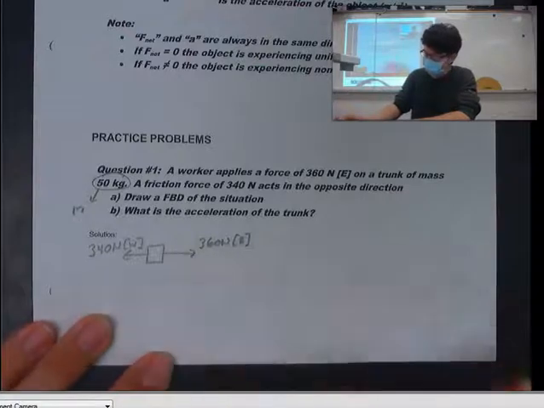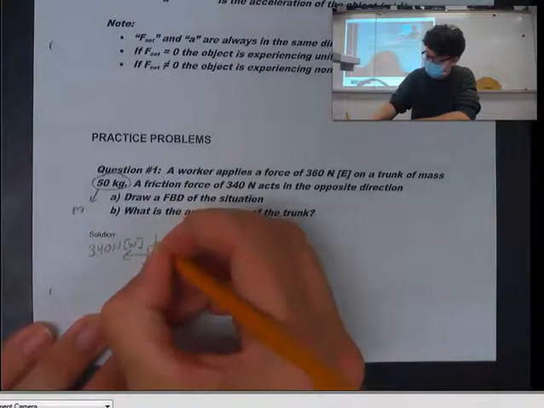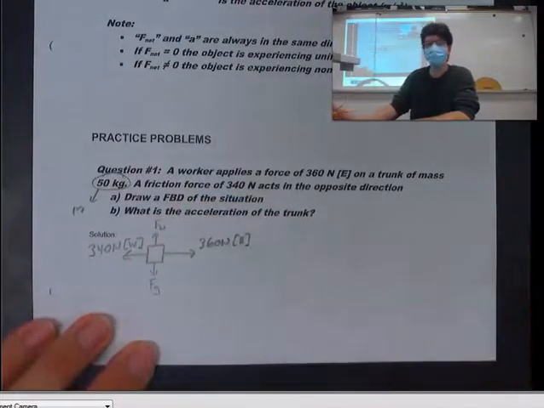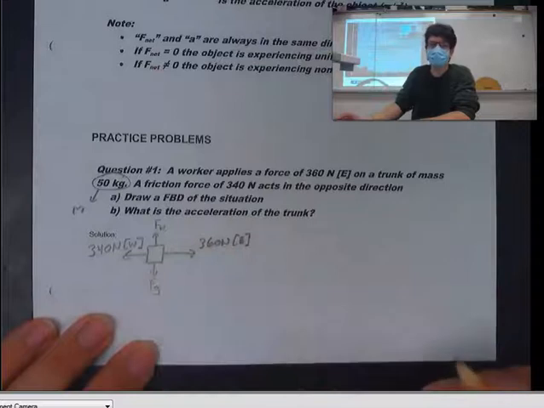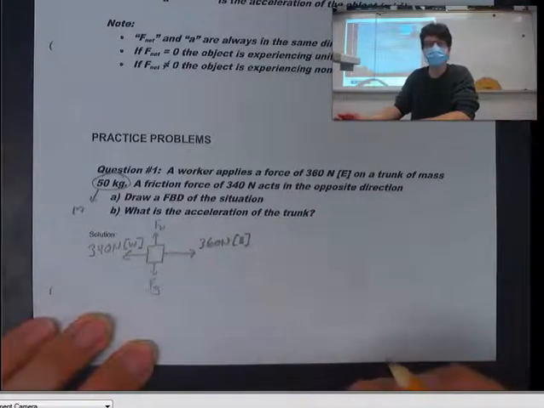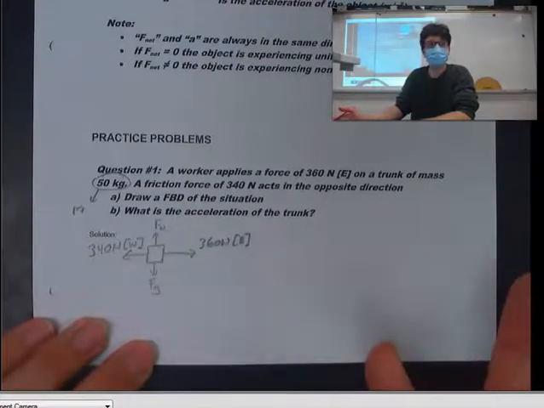Now, you will have gravity, of course, and you will have the normal force. But since this is just an object on a horizontal surface and it's being pushed horizontally, these two forces are going to be balanced. They're equal and opposite, and because they're perpendicular to acceleration, they're not going to affect our acceleration at all.